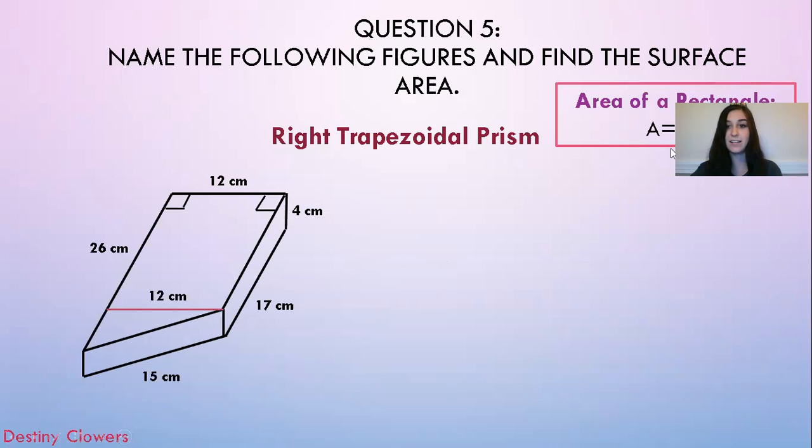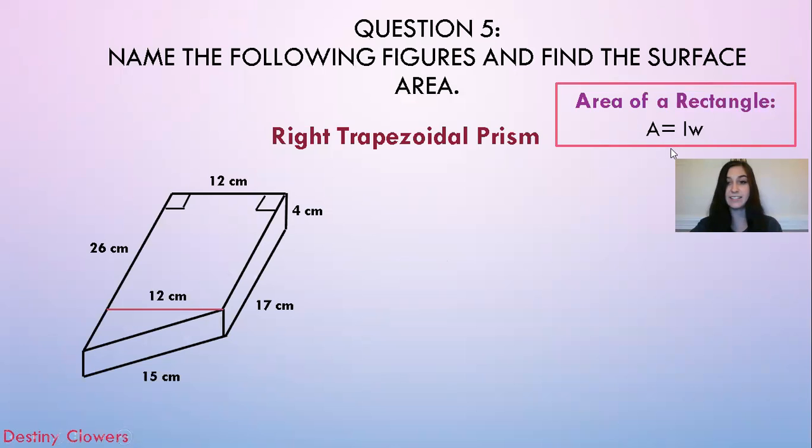The area of a rectangle is area equals length times width, and we're going to use that to find the area of this rectangle. So we're going to do our length, which is 17 centimeters, times our width, which is 12 centimeters, because this one is also 12. When we multiply those together, we get 204 centimeters squared.